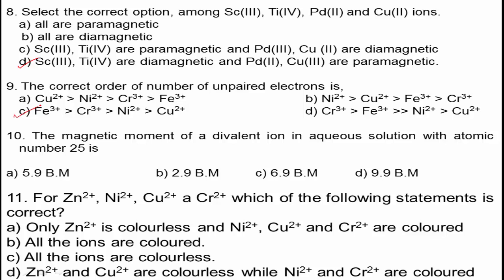The electronic configuration of the divalent ion of the element with atomic number 25 will be argon 3d5, having 5 unpaired electrons. Magnetic moment is calculated using the formula under root of n into n plus 2, where n is the number of unpaired electrons.